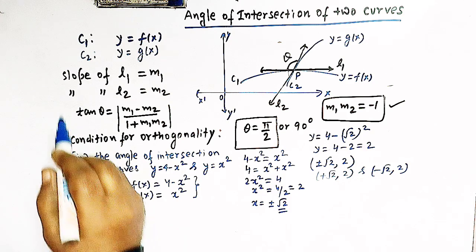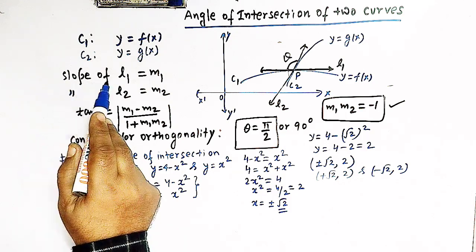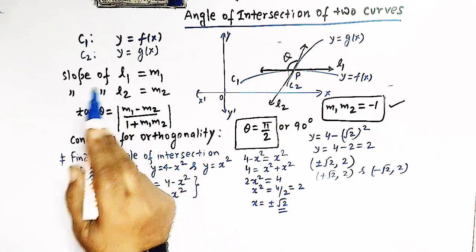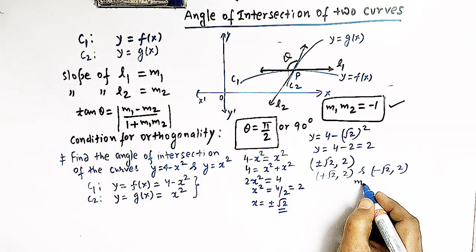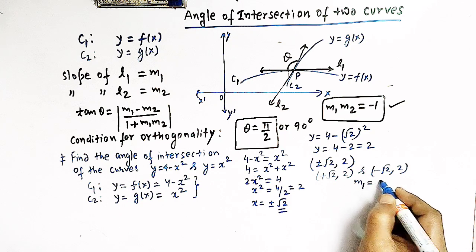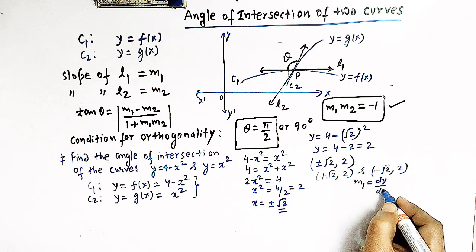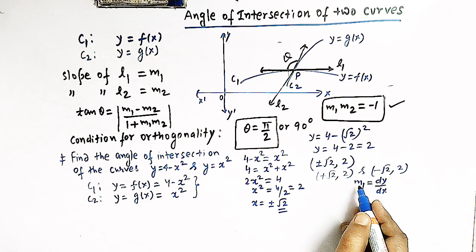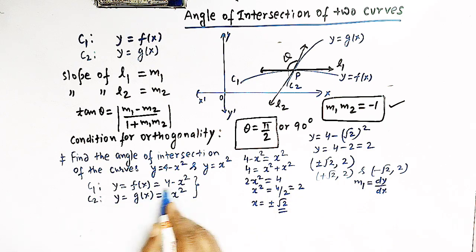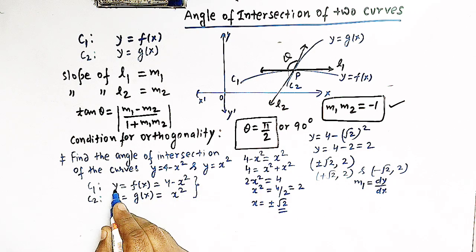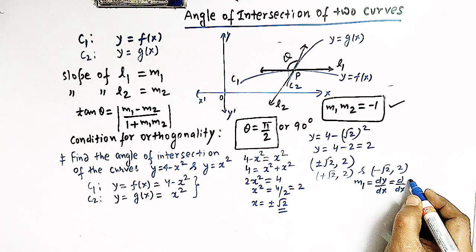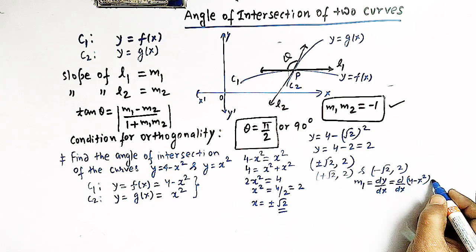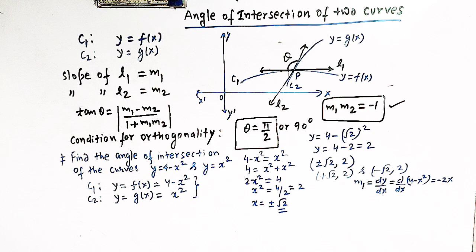Okay, so now let us find the slope of the tangent to the first curve, that is C1, and the slope is given by m1, and m1 is given by the derivative, that is dy/dx. So we take the first function, y = 4 − x², and differentiating both sides we have d/dx of (4 − x²), that is equal to −2x, right?